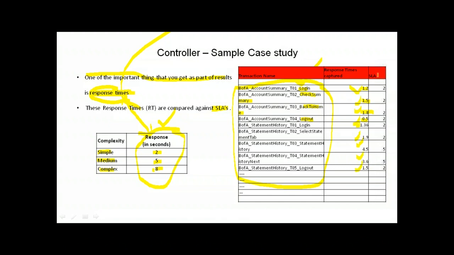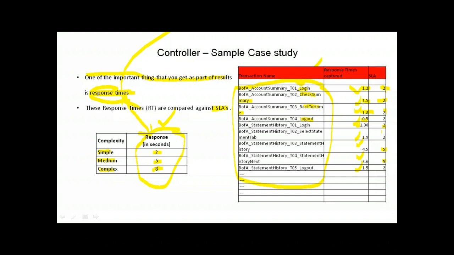And these are the SLAs given by the client: 2 seconds for simple transactions, 5 seconds for complex transactions, and 8 seconds for more complex transactions. I haven't included an example for 8 seconds. Now you compare this against this. What you received is 1.2, and it is supposed to be 2 seconds, so what you received is less than the SLA.